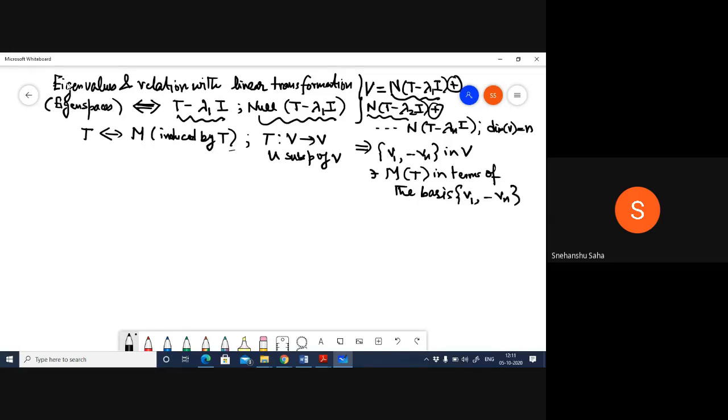Okay, and as a consequence of all the relations that we proved, we know that if M is an upper triangular matrix, right?